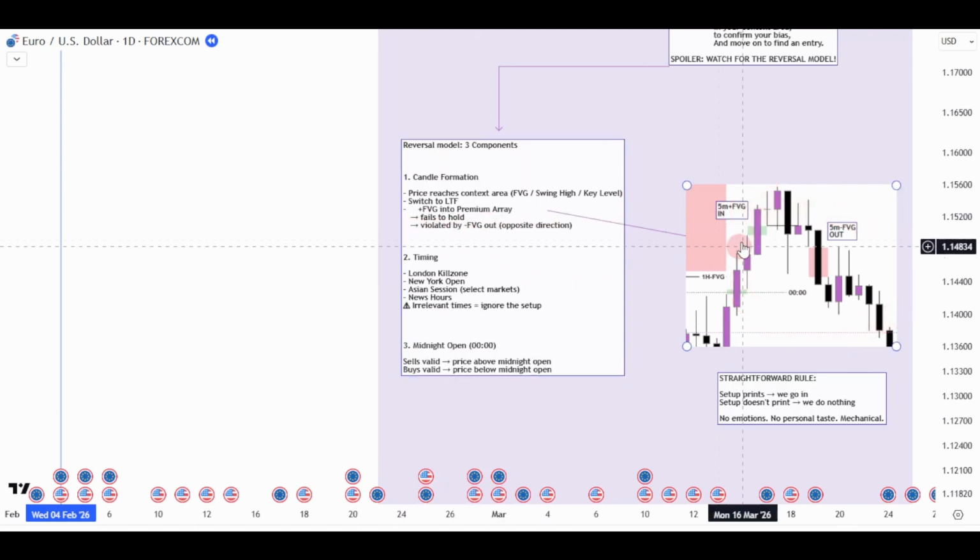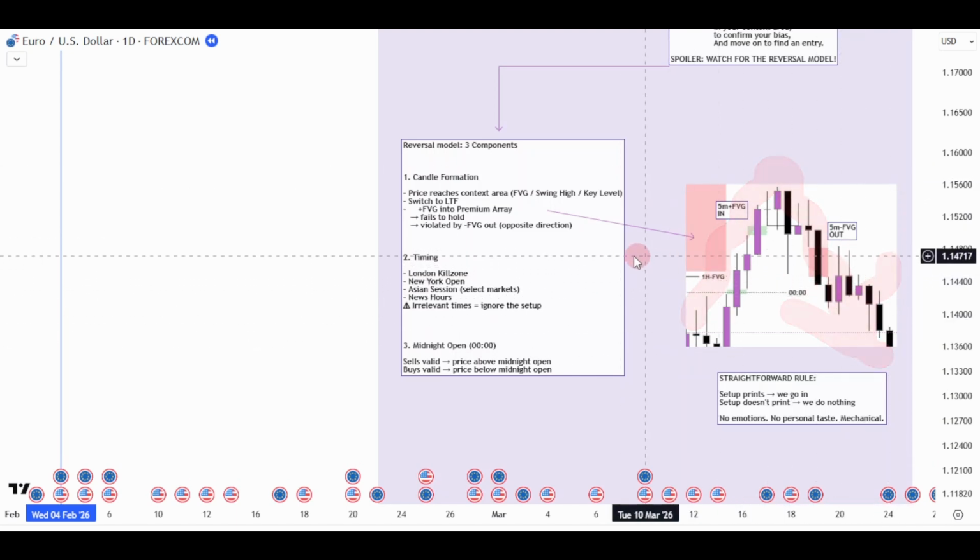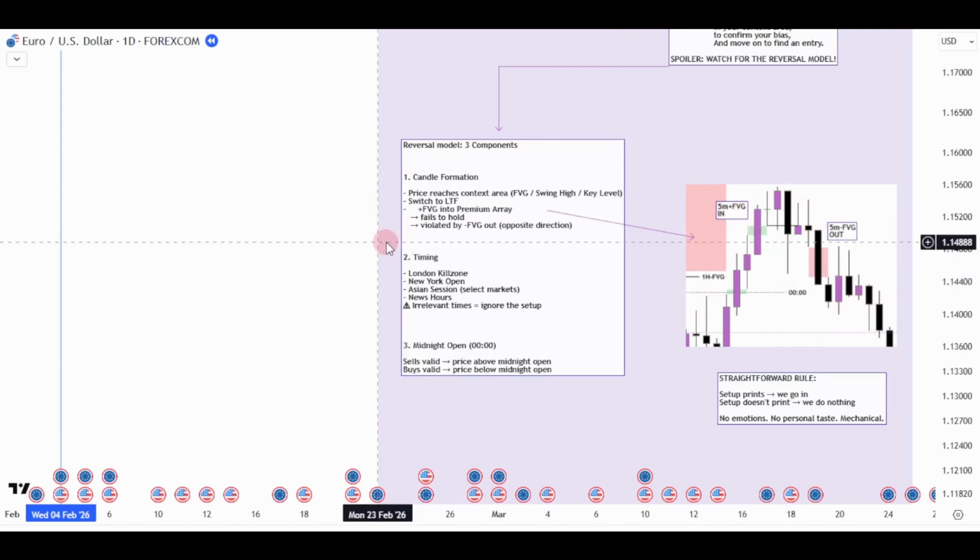A lower time frame bullish fair value gap into the premium array. It fails to hold. Then violated by a bearish fair value gap out in the opposite direction of this one.